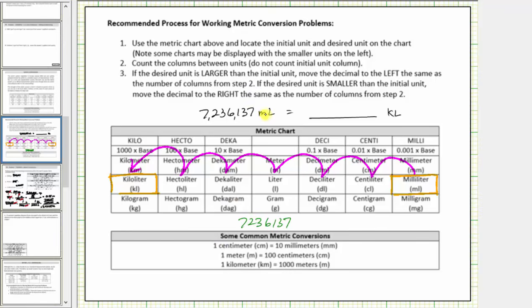To start, the decimal is to the right of the 7. Moving it left 6 places, we have 1, 2, 3, 4, 5, 6, which gives us 7.236137 kiloliters, which is the correct conversion.